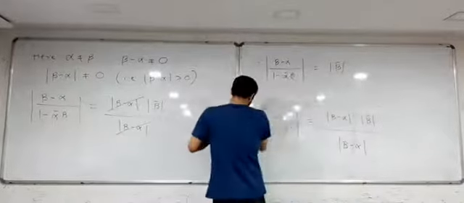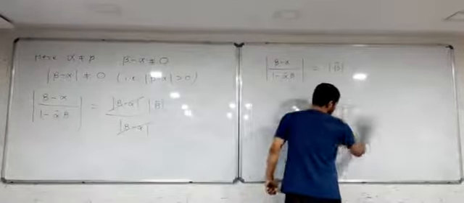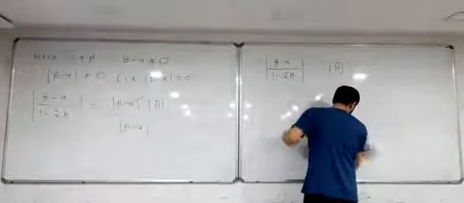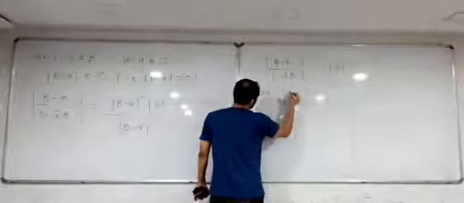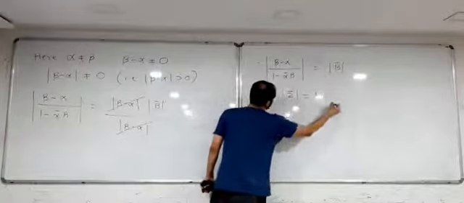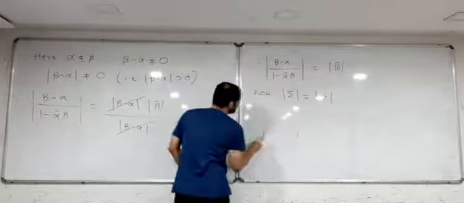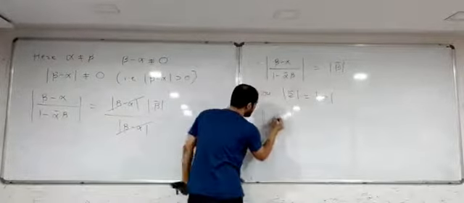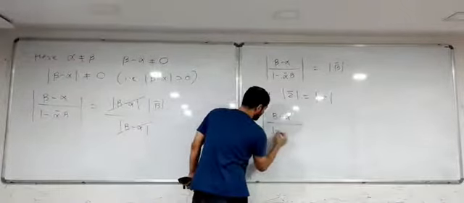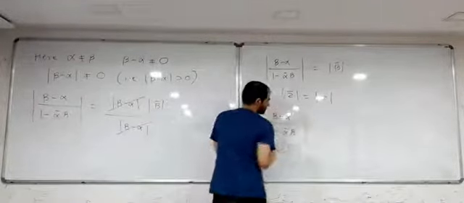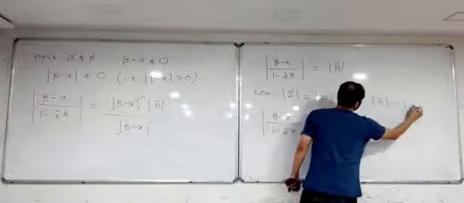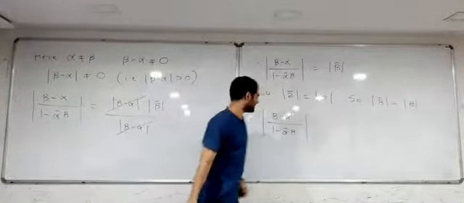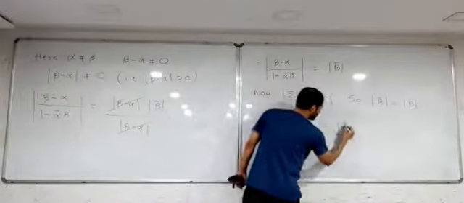Now, mod of z bar is equal to mod of z. Yes or no? So what will mod of beta bar be? Therefore, mod of beta bar is mod beta. Substituting, it is equal to mod of beta.